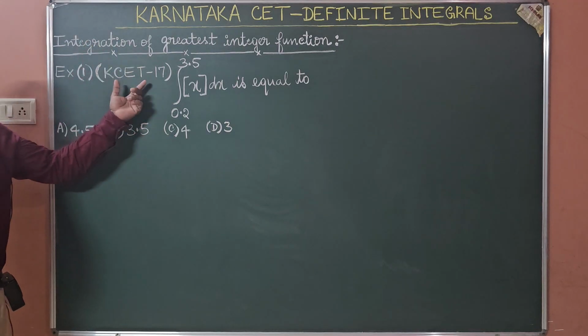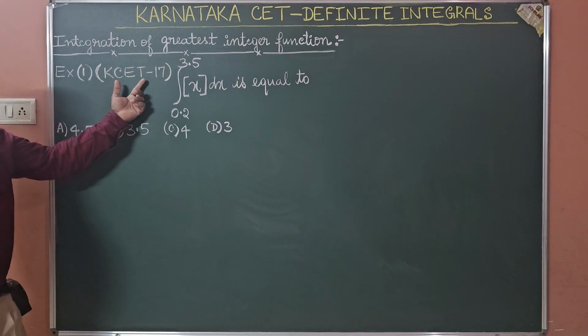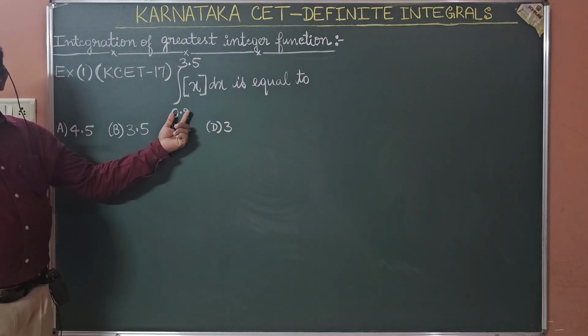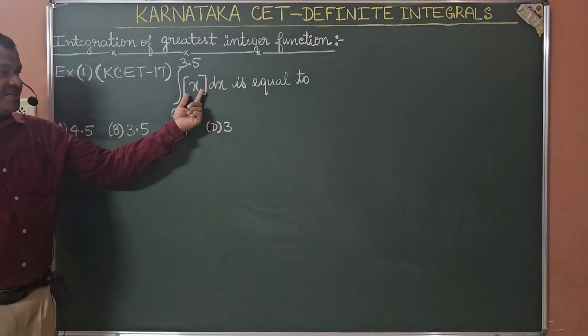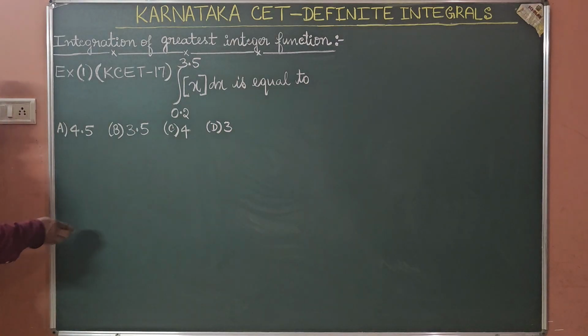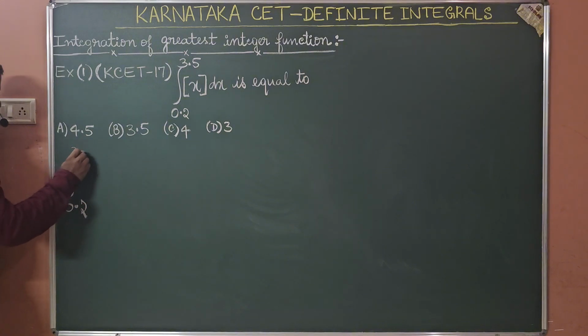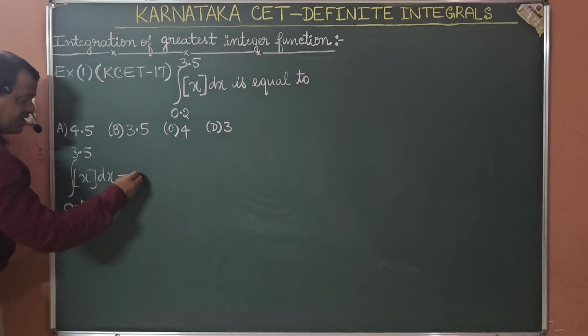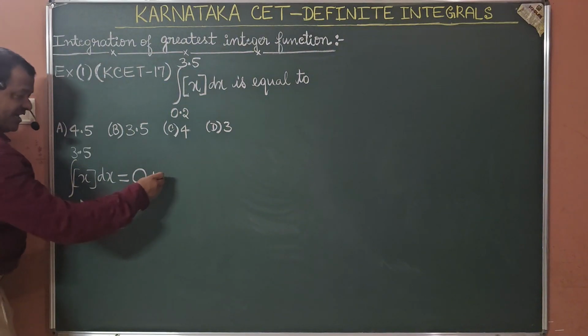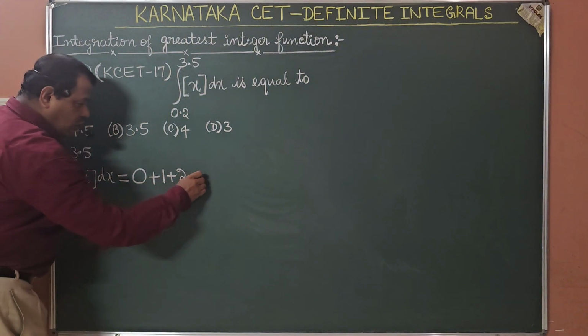Here is a question from KCET 2017. Lower limit 0.2, upper limit 3.5 of the same greatest integer function dx is equal to, using the shortcut that I explained. Say integration from 0.2 to 3.5 of the greatest integer function of x dx. Start from 0, adding 1 plus 2 plus.